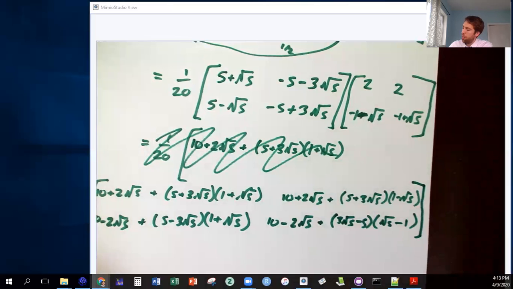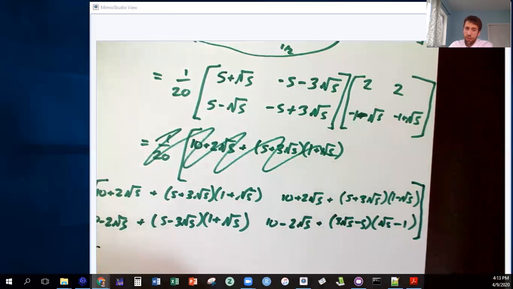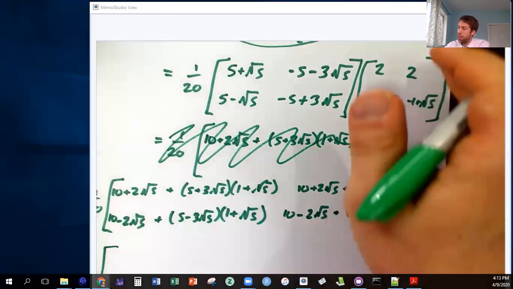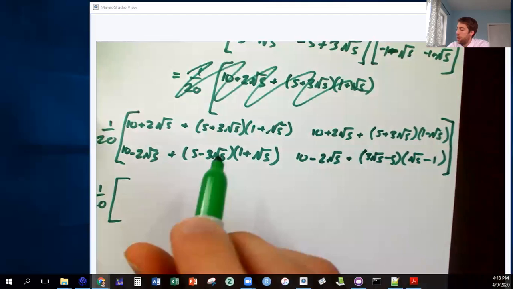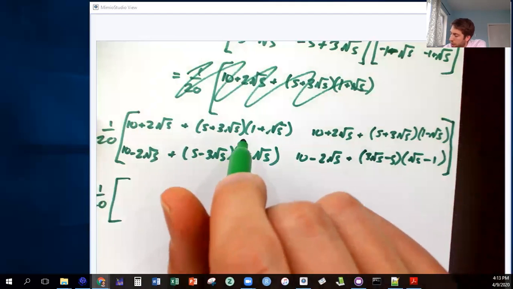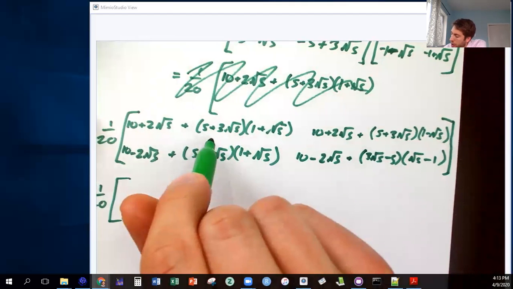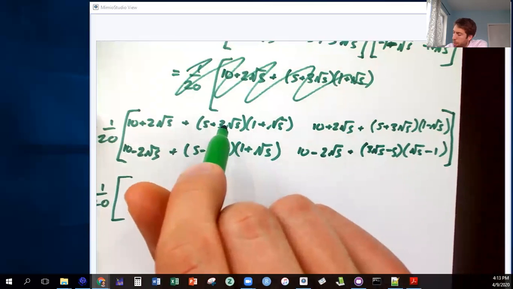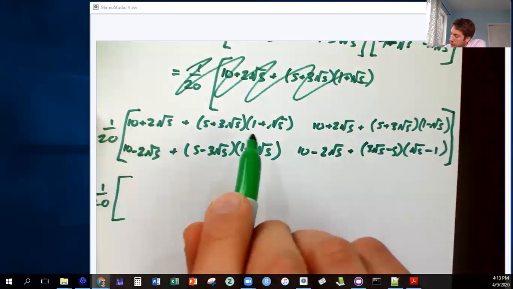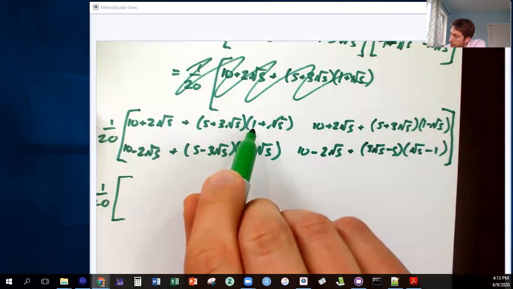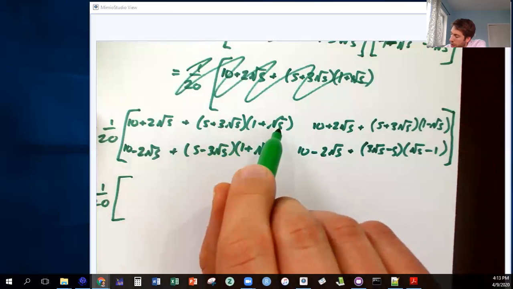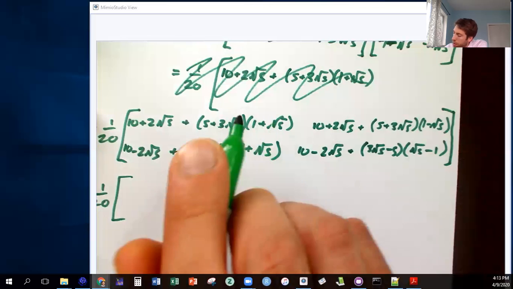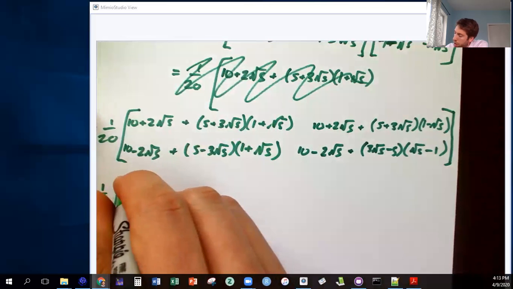Okay, now it's time to simplify. Luckily I don't have any fractions, so that's nice. Okay, so let's multiply some things out. Let's think about what numbers I have. So I've got 10, and I've got plus 5, and this times that was 15. 10 plus 5 plus 15 is 30.